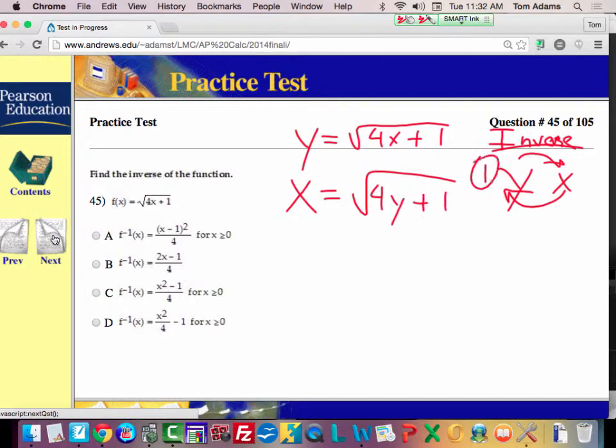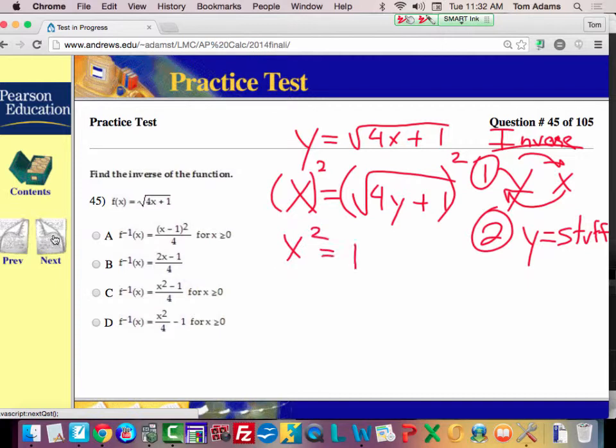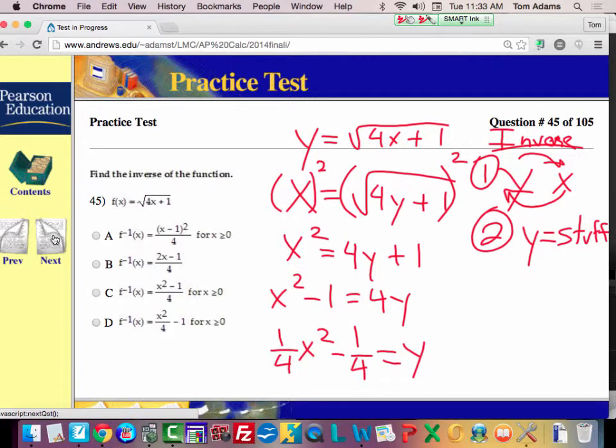So that's step 1. Step 2, solve for y. I want to get y by itself and all the other stuff on the other side of the equal sign, so I have to square both sides. This gets squared, and I get x squared is equal to 4y plus 1. Subtract 1 from both sides, I get x squared minus 1 is equal to 4y, or 1/4 x squared minus 1/4 is equal to y.